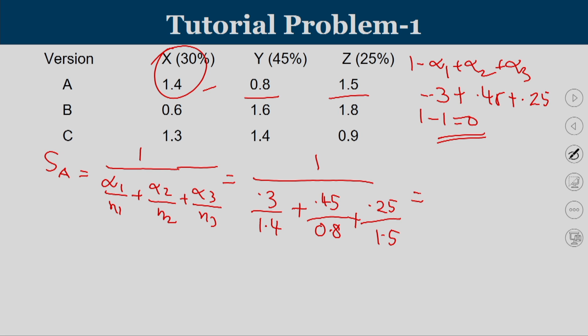So, if you sort this out, you will get a value 1 divided by 0.942 and that is 1.06 times.